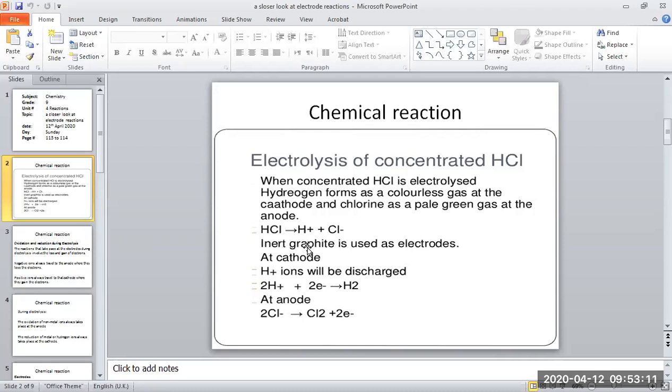Why hydrogen at the cathode and chlorine at the anode? Because hydrogen forms positive ions, and positive ions always move toward the cathode, and chlorine forms negative ions, and negative ions always move toward the anode. Okay, this we already finished.